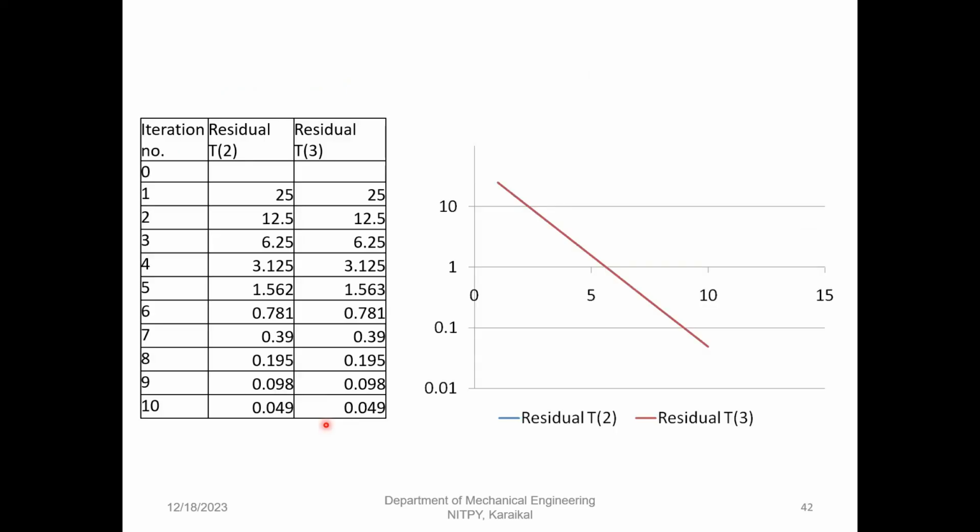But the problem with this is, if you look at gas dynamics, for a given A by A star, there can be two solutions. One will be a subsonic solution, the other a supersonic solution. The computer doesn't know whether it reaches a subsonic or supersonic solution. So you must be careful with the physical considerations also.